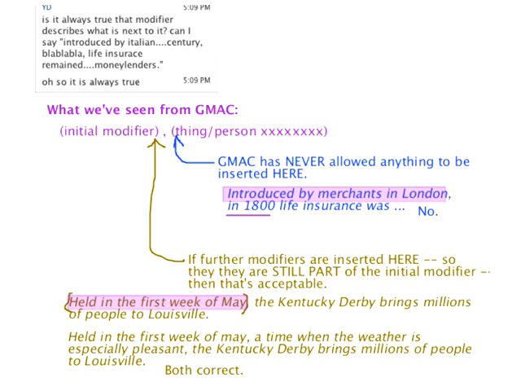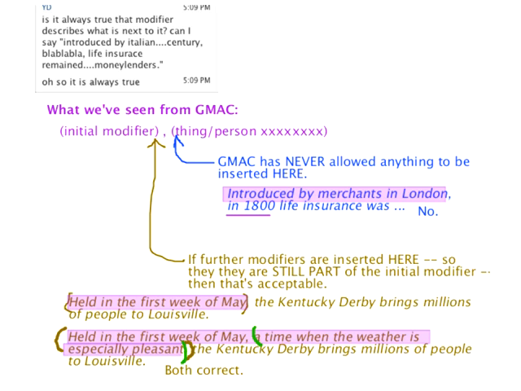Now the point is that in the second one, you are not inserting something the way that you are in the blue thing. In the second one, you're actually giving more detail about the first week of May, meaning this entire thing is still one initial modifier. If you were coding this, you could draw a set of parentheses around that entire thing, and then a further set of parentheses around this, which is a sub-description of the first week of May.